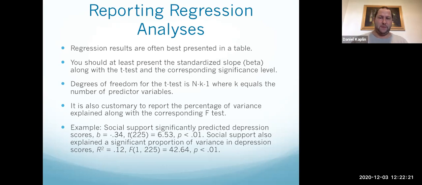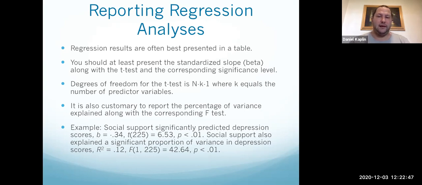However, at a minimum, you should present your standardized slope, which is your beta, which is symbolized by a lowercase b, along with the t-test and the corresponding significance level, right? So we want to see if the slope was significant, so that if the general trend or predictive value was significant. Now, how do we calculate degrees of freedom?